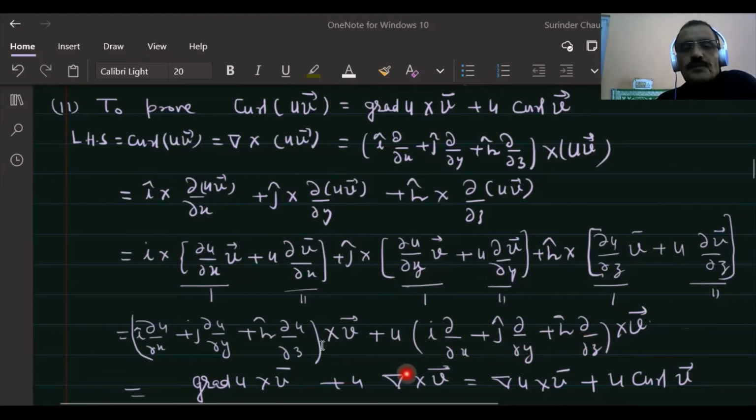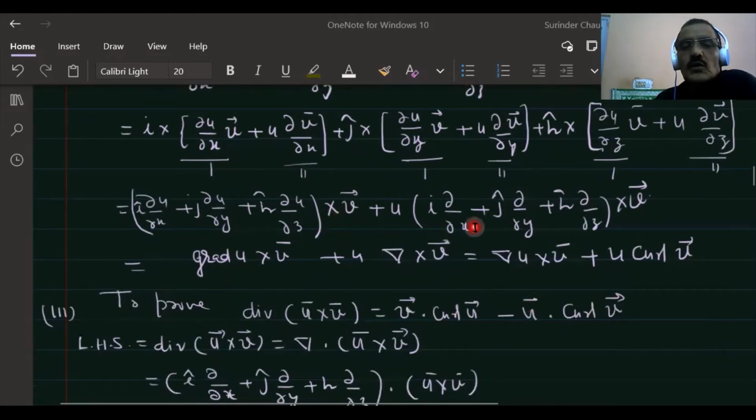So this comes out to be del. We convert to del operators: u iota del by del x plus j u common del by del y plus u common k del by del z, cross v vector.